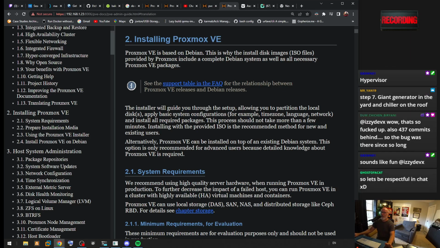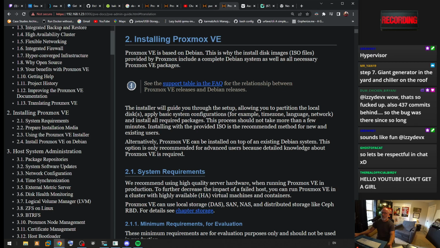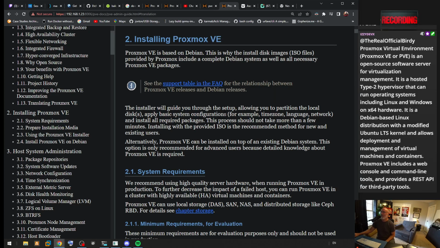So we are reading the first 3 chapters of the Proxmox documentation together. And we already read that.